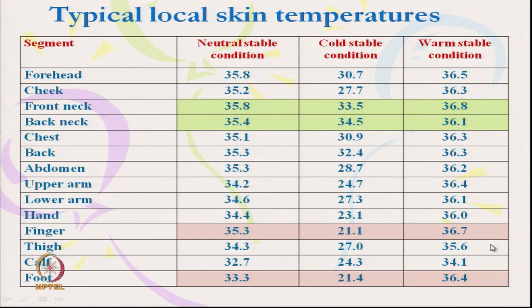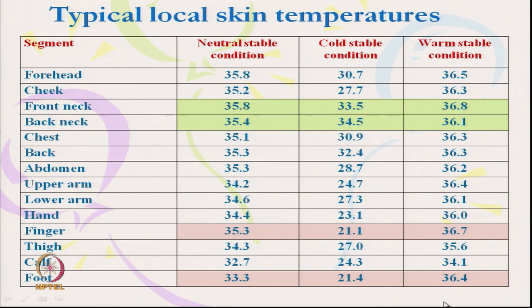In the warm condition the temperature distribution is almost uniform throughout the body. In normal condition there is a certain range of temperature, around 3 to 4 degrees Celsius, but in cold condition the range has become around 15 degrees Celsius.